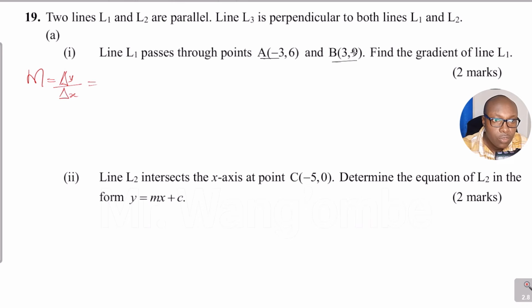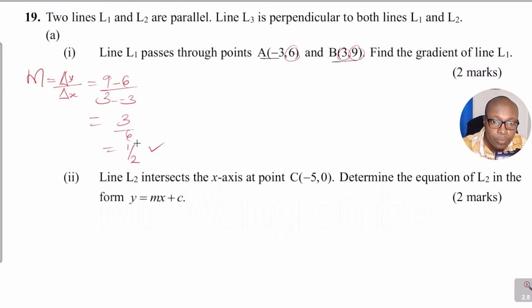So for this line, we get the change in the y coordinate, 9 subtract 6, then divided by the change in the x coordinate, which is 3 subtract -3. So this gives 3, that is 9 subtract 6, and then 3 plus 3, that is 3 negative. So these two negatives give positive, so you have 3/6, and this gives a half. So a half is the gradient of L1.